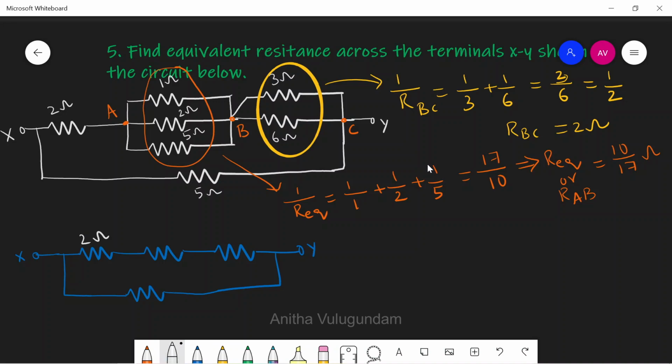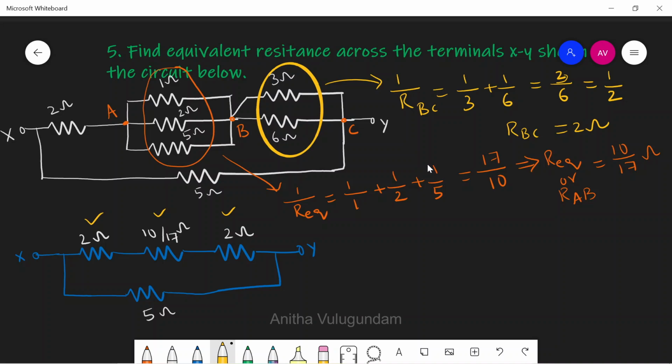Two ohms, and here we got 10 by 17 ohm, here 2 ohm, and here 5 ohm. From the figure you can see these three resistances are in series.